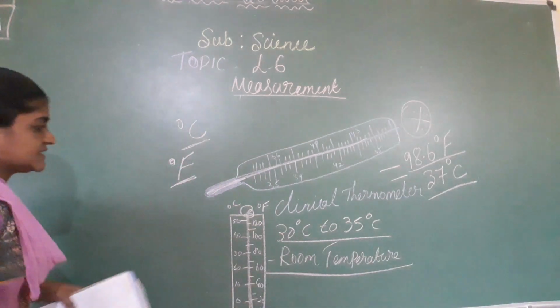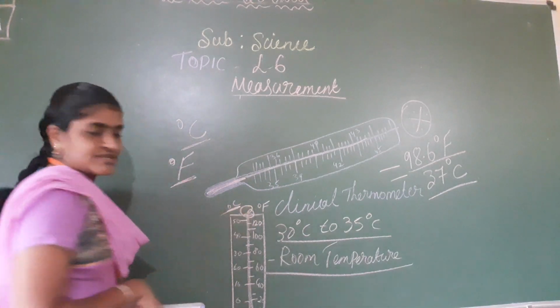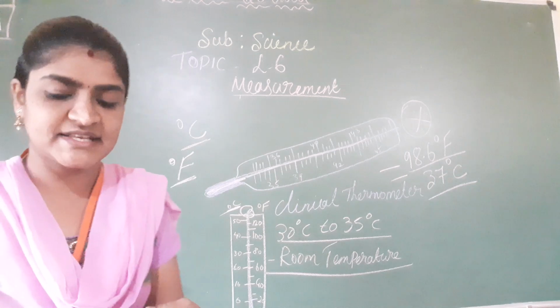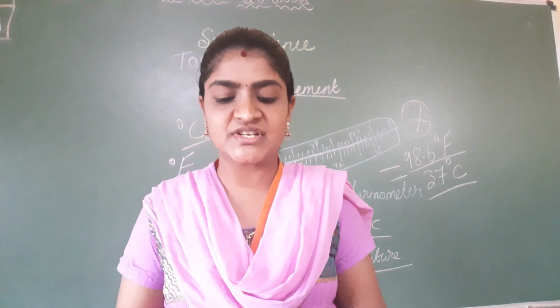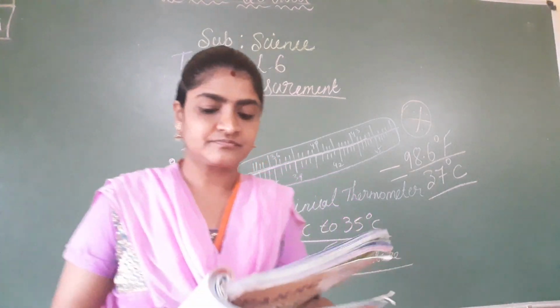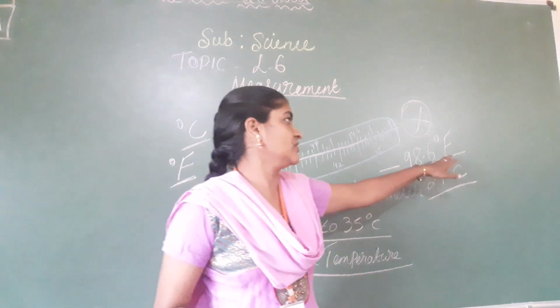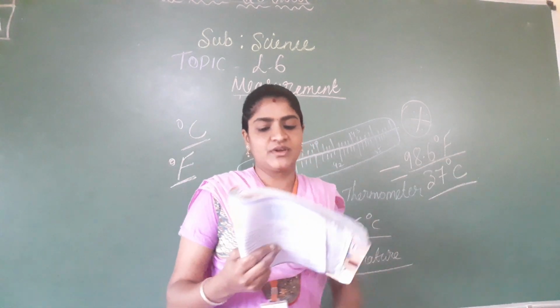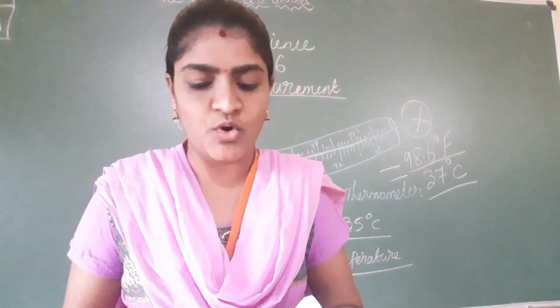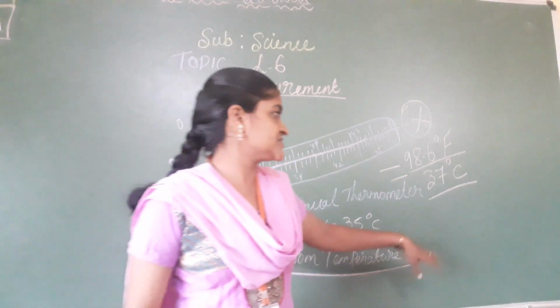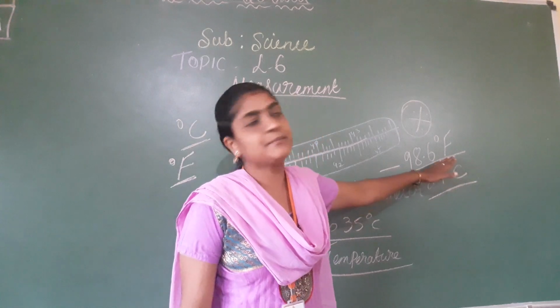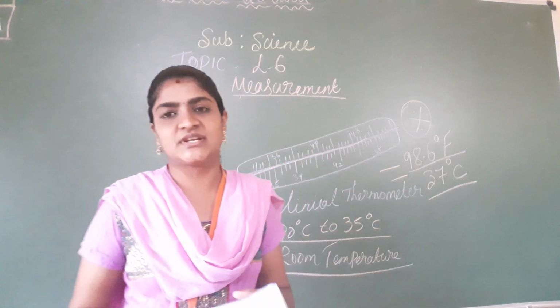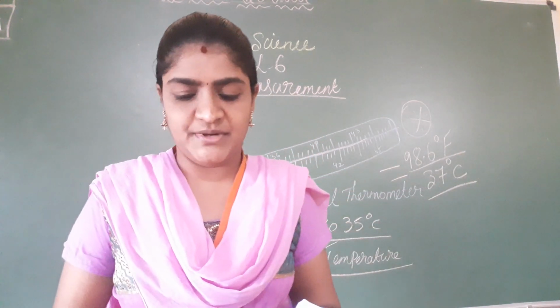Next, the clinical thermometer measures our body temperature in degree Fahrenheit. The temperature of the human body is 37 degrees Celsius and 98.6 degree Fahrenheit. So that is the normal body temperature.